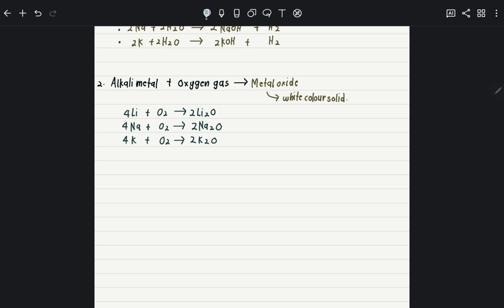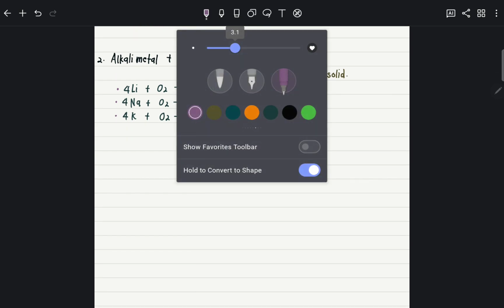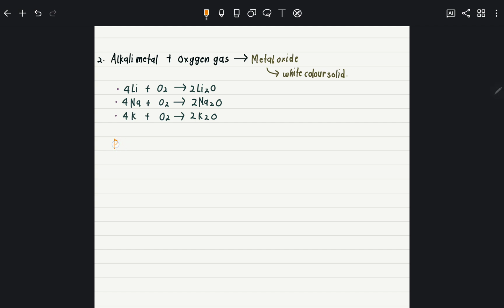So this is the chemical equation if any of your alkali metals react with oxygen. They will form metal oxide. And do remember the color of metal oxide is white.